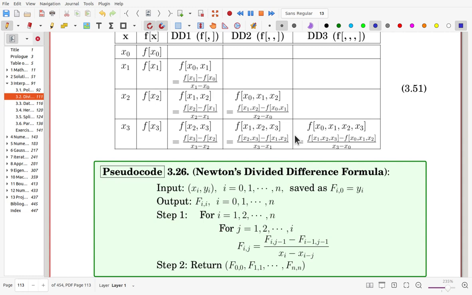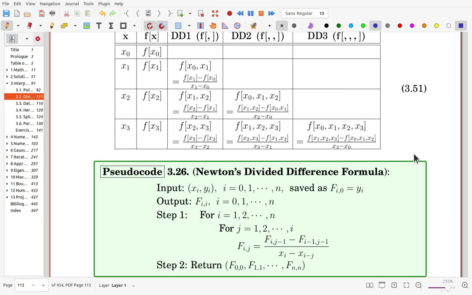Now, you can also do it column-wise. In our hand computation, we will do it column-wise, but in computer implementation, it is often row-wise. The reason is, after finishing this, if one more data point, for example x4, y4, is given, then we put it here and finish this one more row.